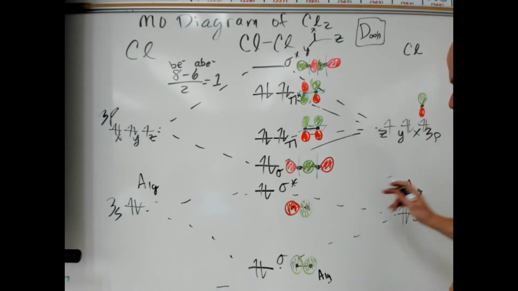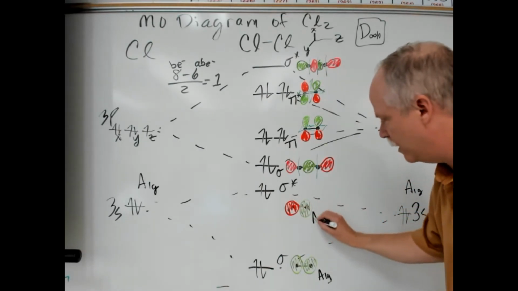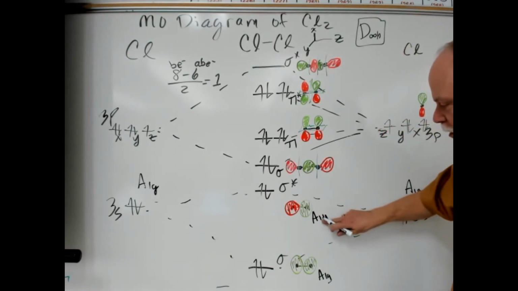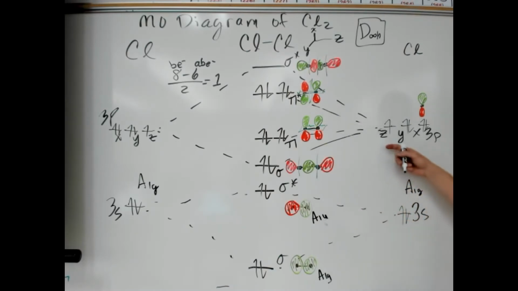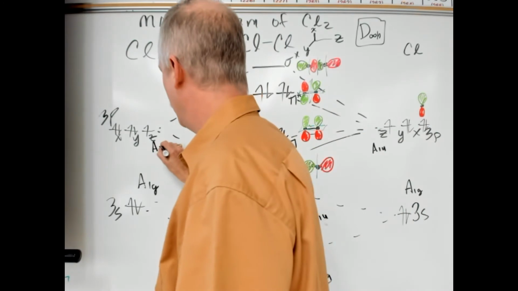It can't be G, though, because it's going to be inversion. So A1U. Yeah, A1U. And then our PZ's, we find that's going to be A1U. Is that correct? Okay, see that in the character table, the PZ here, A1U.